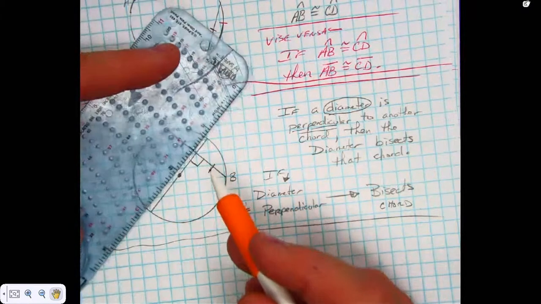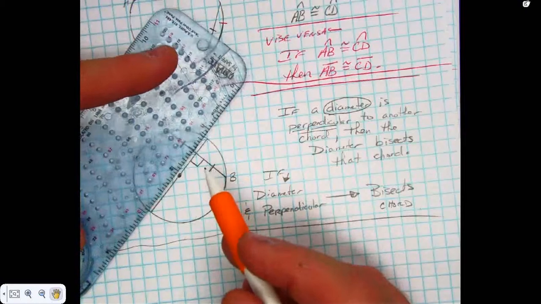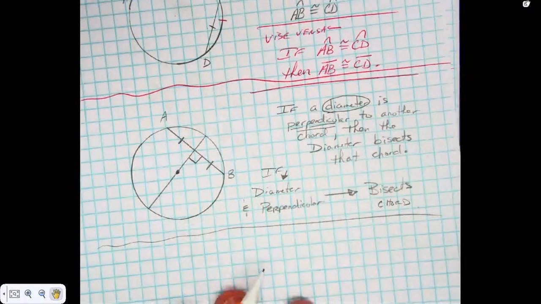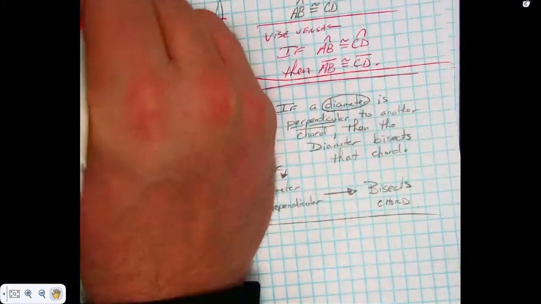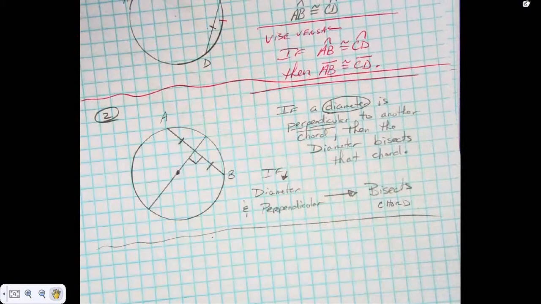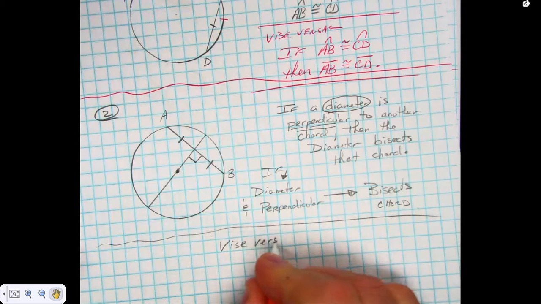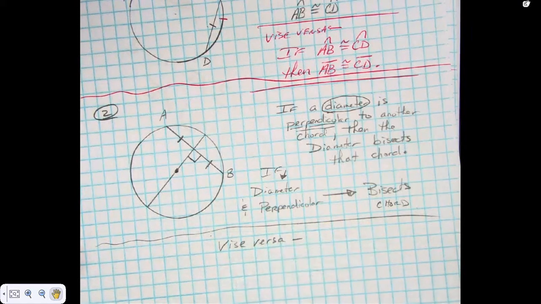The only one that cuts it in half is the chord that's a diameter and perpendicular to the chord. As a result, it cuts it in half. Okay? Vice versa is also true here.